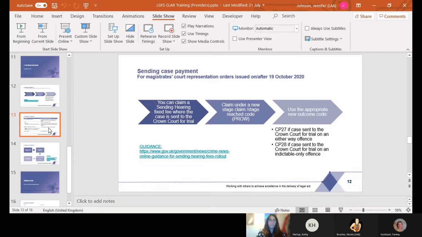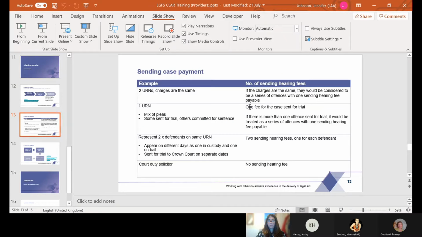On slide 13, we have introduced a useful table which lays out some of the key scenarios that you might be faced with and the number of sending hearing payments that you can claim.